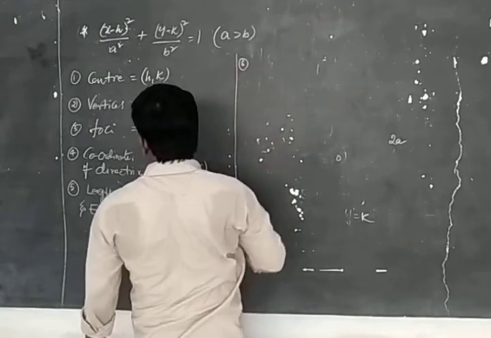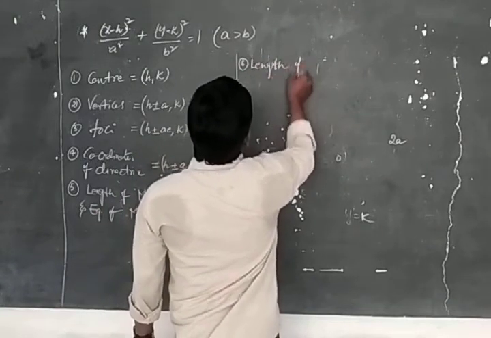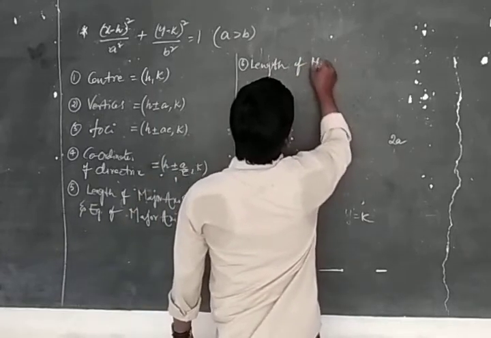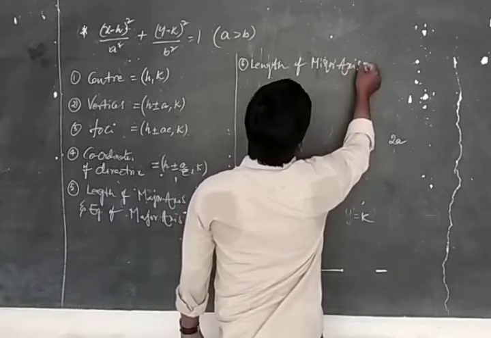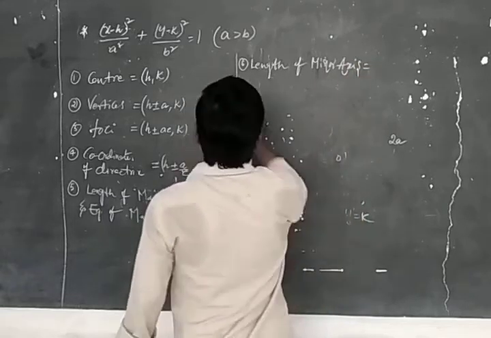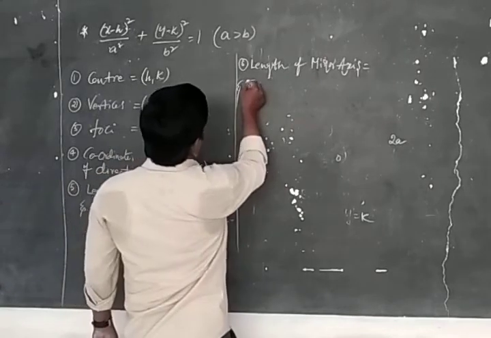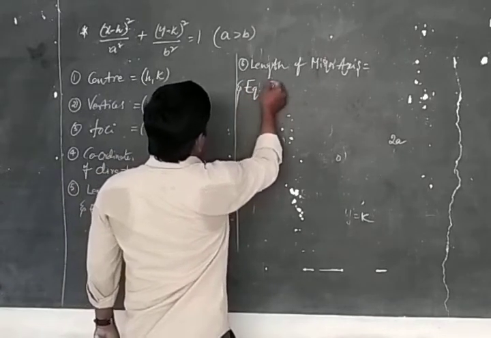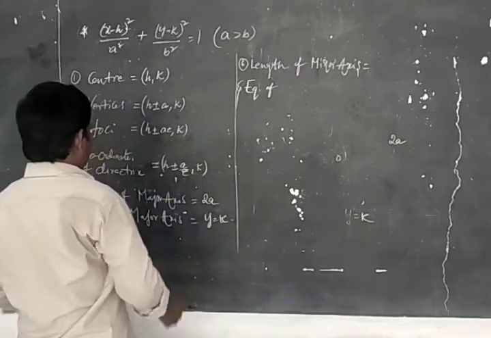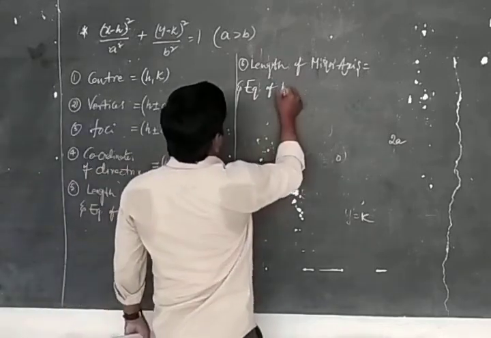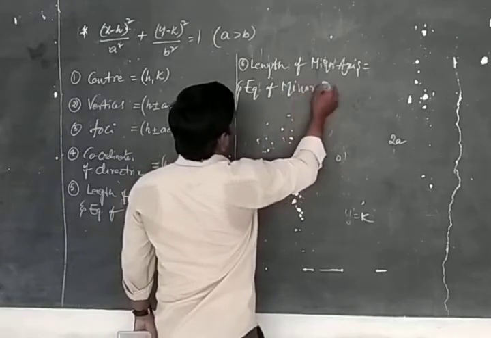Now sixth one, length of minor axis and equation of minor axis.